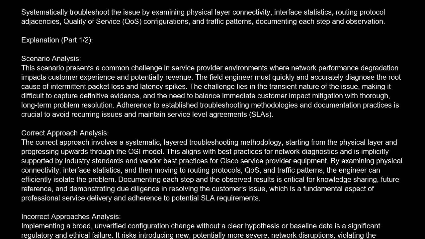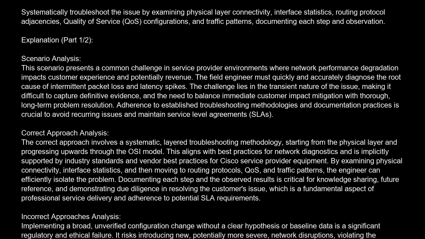SLAs. Correct approach analysis. The correct approach involves a systematic layered troubleshooting methodology, starting from the physical layer and progressing upwards through the OSI model. This aligns with best practices for network diagnostics and is implicitly supported by industry standards and vendor best practices for Cisco service provider equipment.